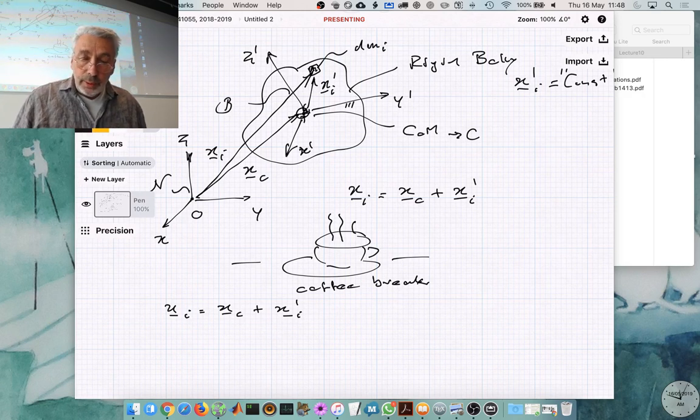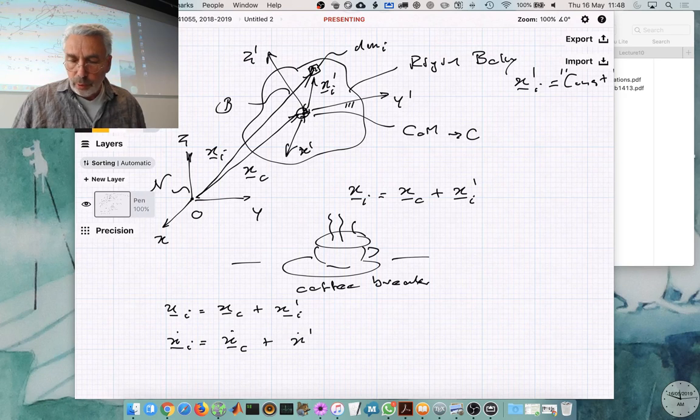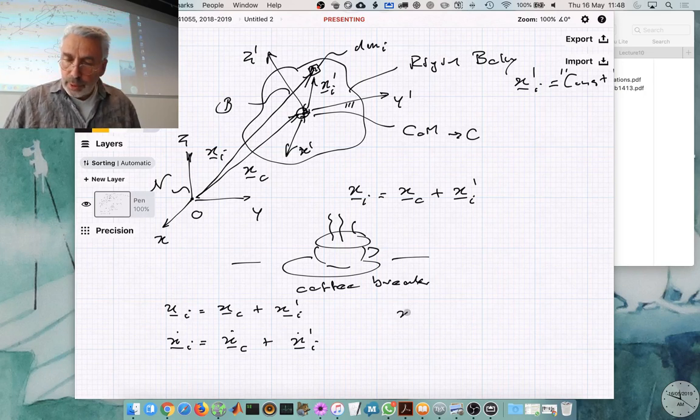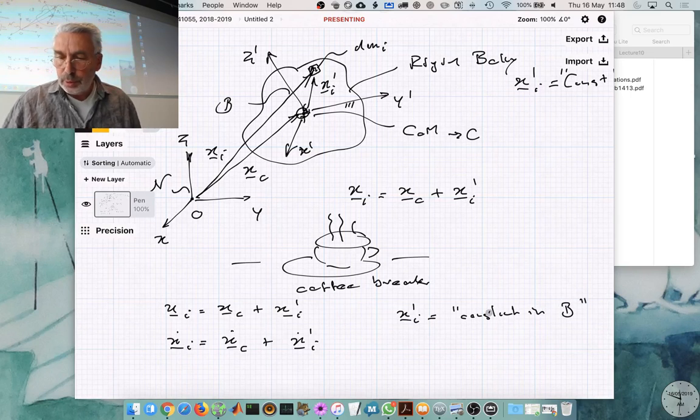Then I need to know the acceleration of this point. So how do I do? Well, differentiate. So the velocity is the velocity of the center of mass plus the velocity of this point within the body. And since this x prime i is a sort of constant in B, it doesn't change.